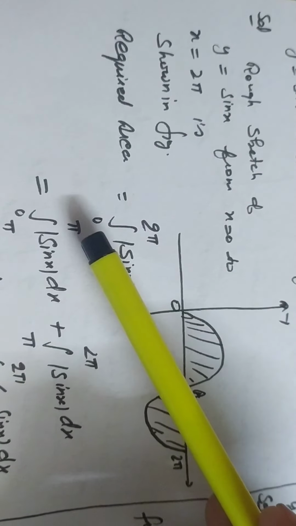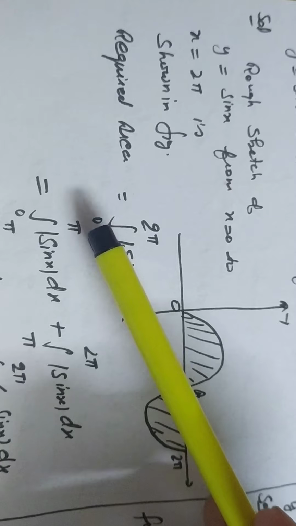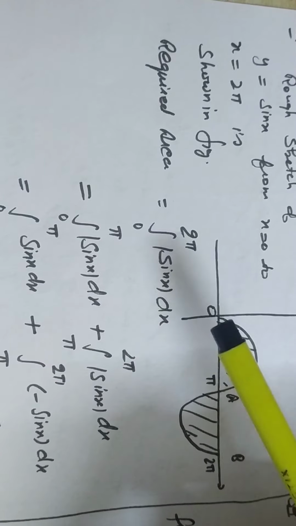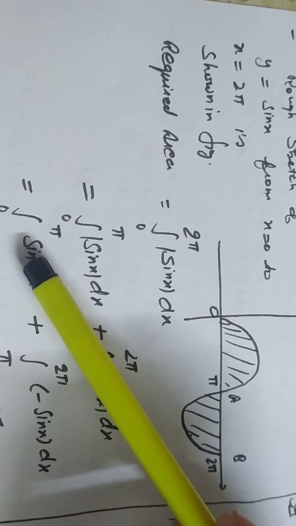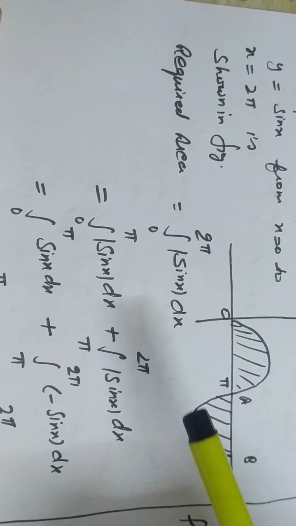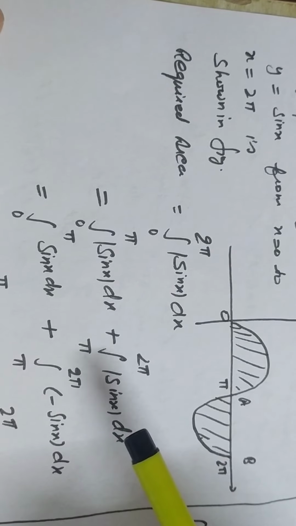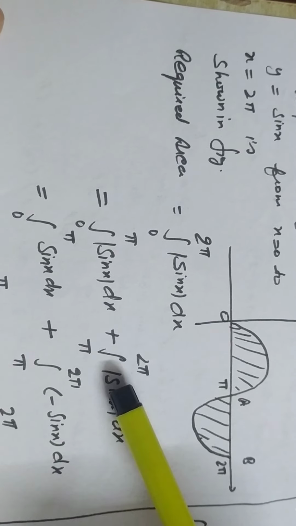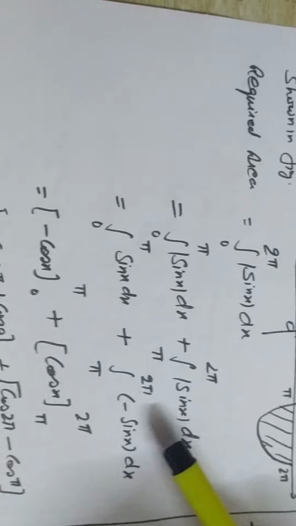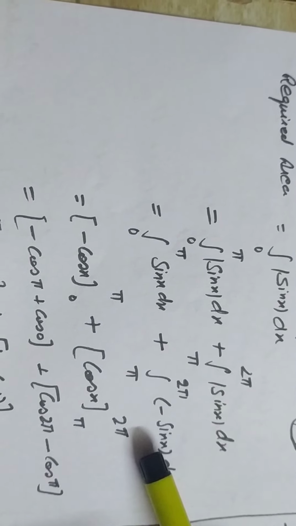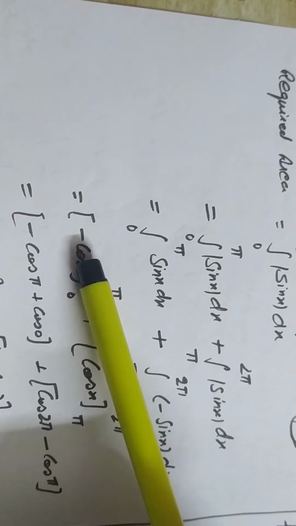When x is taken from 0 to pi, the modulus value of sin x will be sin x only. But when I vary it from pi to 2 pi, that is in third and fourth quadrant, modulus of sin x will give me minus sin x. And then integrate these two. Again, the integration of sin x is minus cos x.